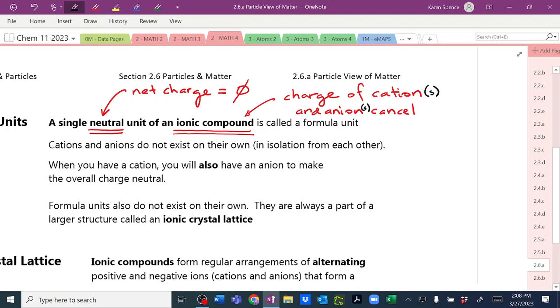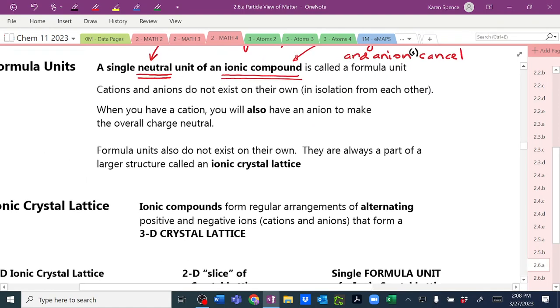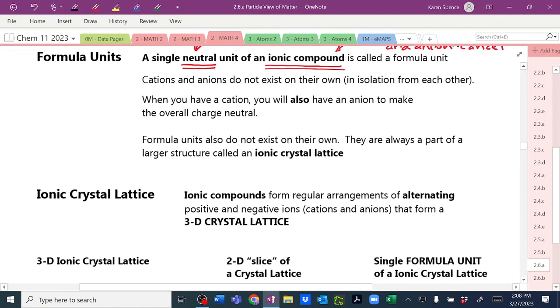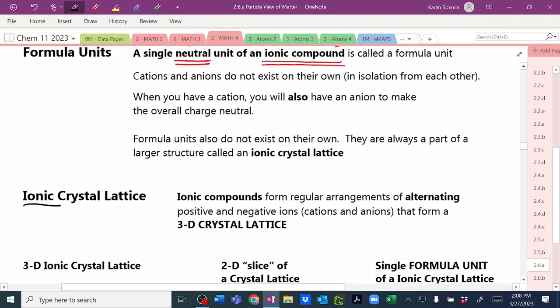What is this thing? This three-dimensional structure. That is a crystal lattice. Okay, so they normally exist as a crystal lattice. And the key thing about an ionic crystal lattice structure is that we have alternating positive and negative ions.